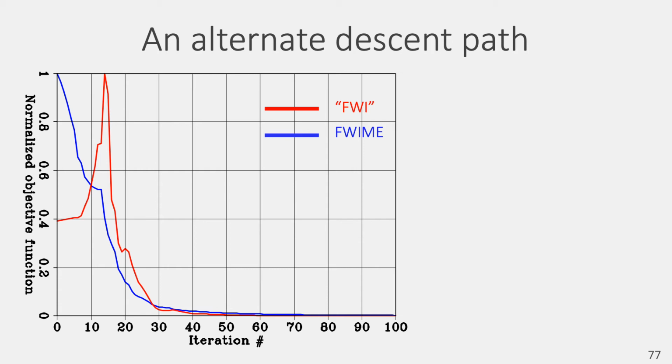It is not the result of an inversion process, which is why we label it by FWI in quotes. As expected, it is not monotonically decreasing, which illustrates that the FWME algorithm has successfully created an alternate descent path towards the global minimum that could not have been taken by conventional FWI.